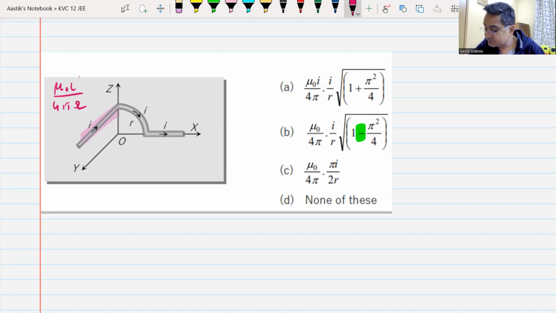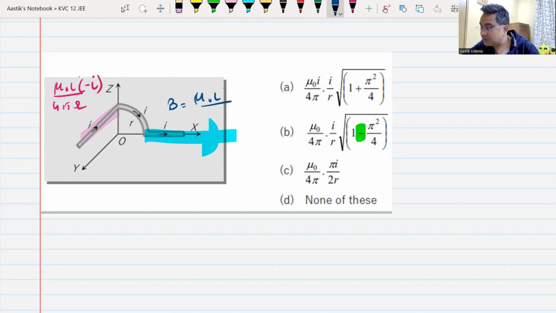Yes or no? So minus x means minus I. Field due to the blue wire. Mu naught I by, oh, the blue wire is 0, sir. Zero. Sorry, I'm wandering in some other universe where blue wire creates field.